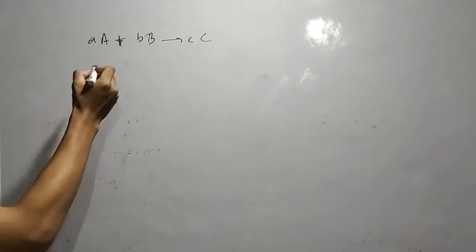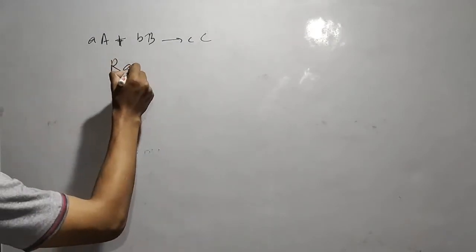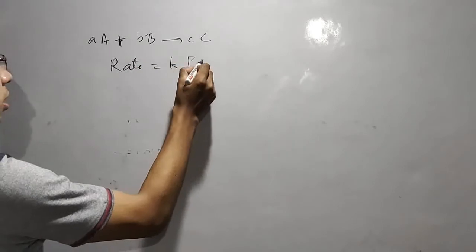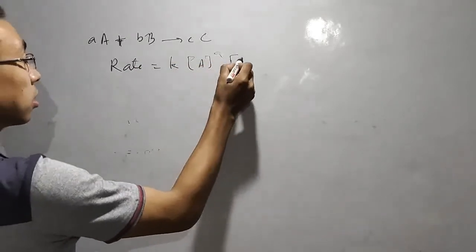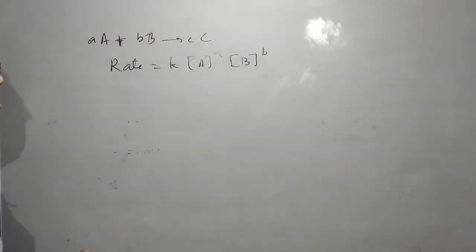According to the law of mass action, we write rate is equal to k [A] raised to the power small a, then [B] raised to the power small b.